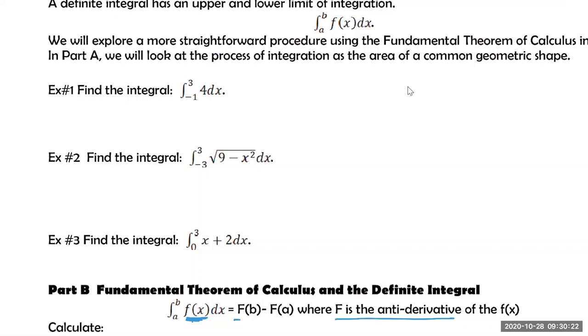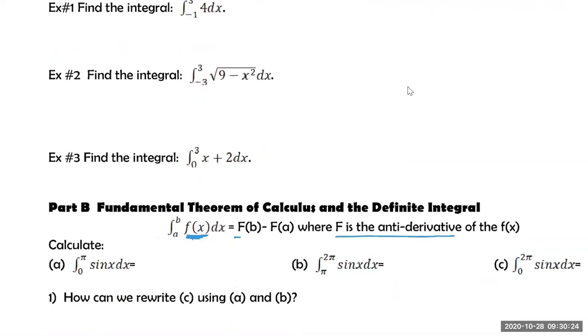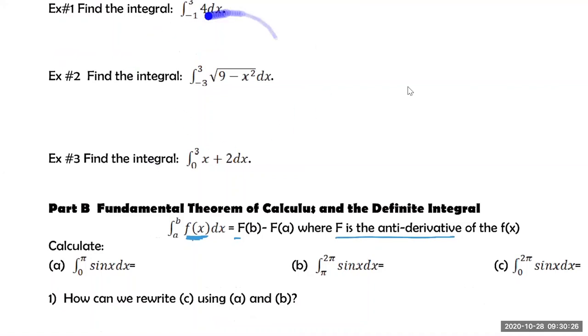But we also learned that many times we won't be able to do it geometrically because it's not a nice, perfect geometric shape. So the fundamental theorem of calculus allows me to take the antiderivative. An antiderivative is the opposite of a derivative. If you found the antiderivative and then took the derivative of it, you would get back to your original function.